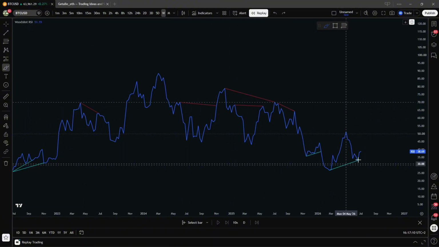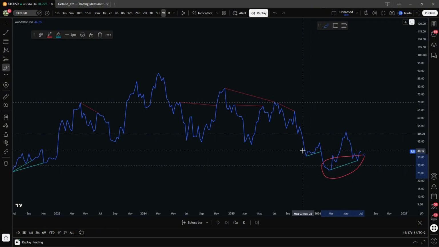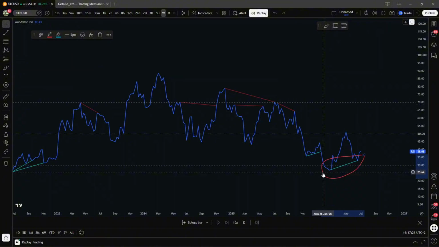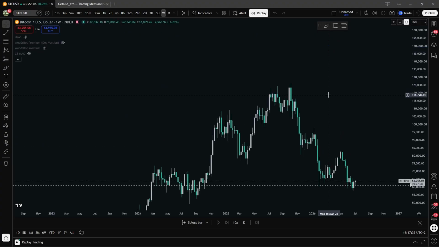And right now we have bullish divergence on the weekly time frame. And it also gets displayed on the Woodsbot RSI indicator. So if you are struggling to identify bearish or bullish divergence, I know some people do, you don't have to worry with the Woodsbot RSI indicator, because it already displays the RSI divergences for you.